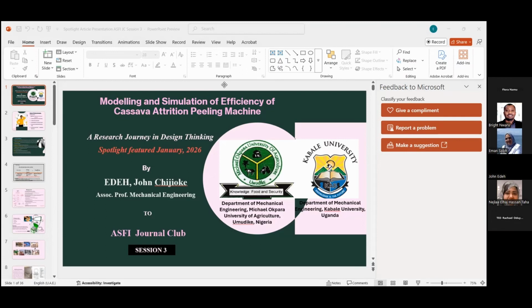That is why we said there is need for universal application, especially for cassava, which comes in diverse shapes. Apart from cassava, this principle can be applied in potato peeling, yam, and any other tuberous crop that shares these characteristics. I don't know if that actually answered your question. Thank you.